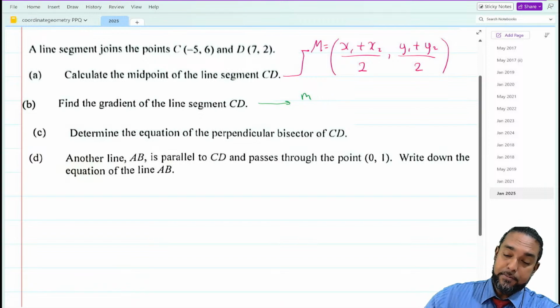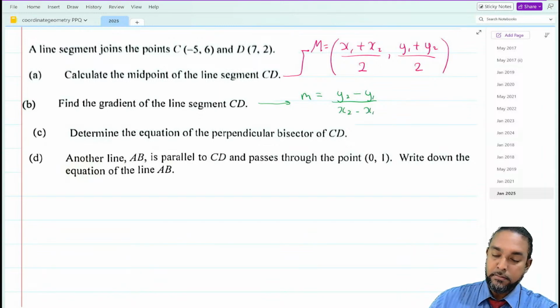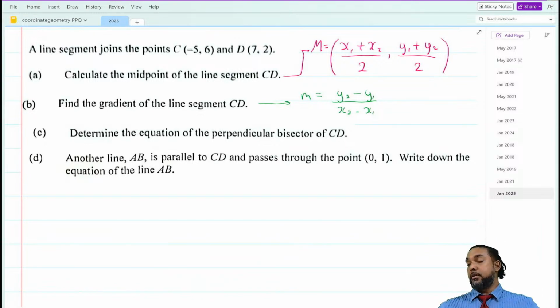I don't know where the m for gradient comes into play, but all right. I think g was gravity, so they couldn't use g again. So that's the change in y divided by the change in x. Perpendicular bisector. Parallel, and pass through, write the equation. Okay, cool. I'll give you about 5-6 minutes to get a little head start, and then dive into it.